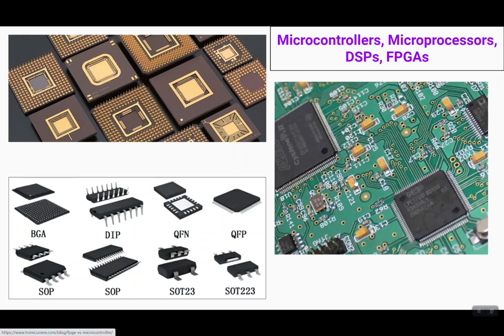We are working with complex ICs, DSPs, FPGAs, or microprocessors, and I'm showing you here different packages. This is a pin grid array, this is a quad flat pack style IC, and there are DIP styles.